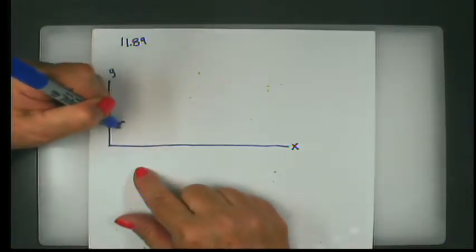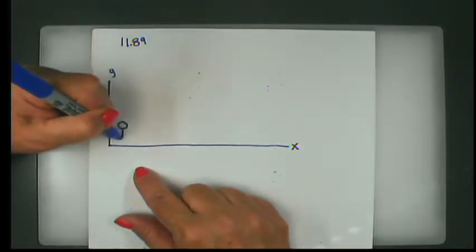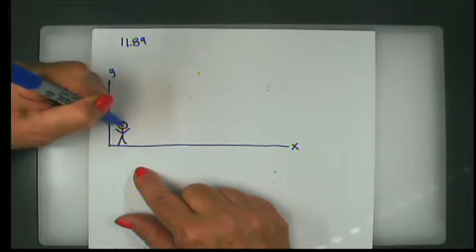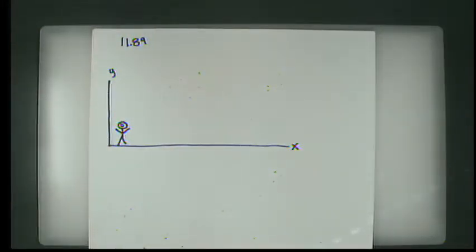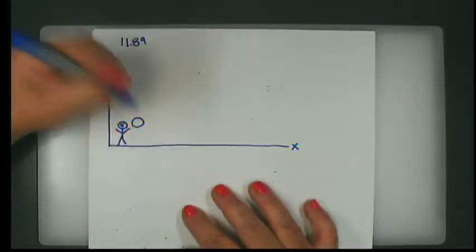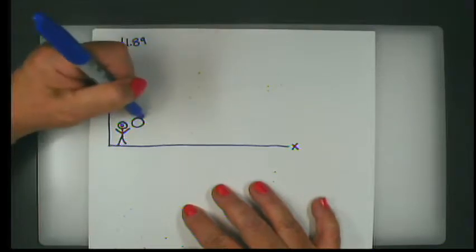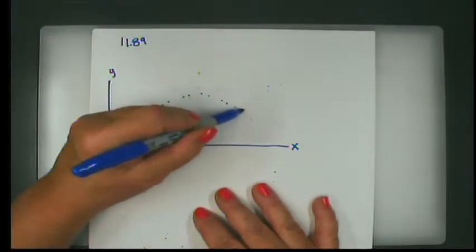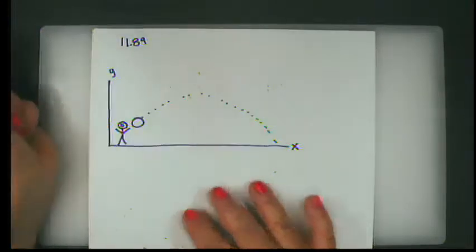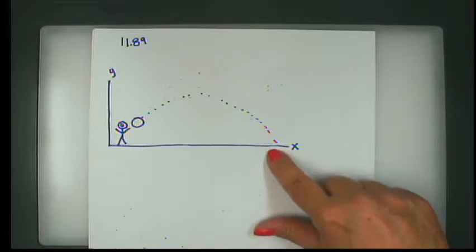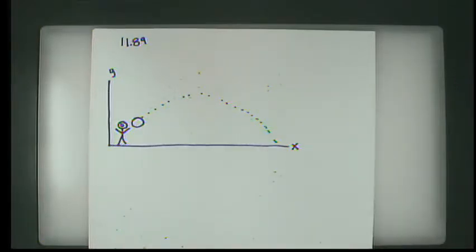And I always call the stick figure who helps me Ernie, the spokesmodel. So Ernie's going to help me by throwing a ball. Basically, he throws a ball with some velocity. And because of gravity in the y direction, it will reach some top of the arc, and then it will reach the ground before it stops moving.